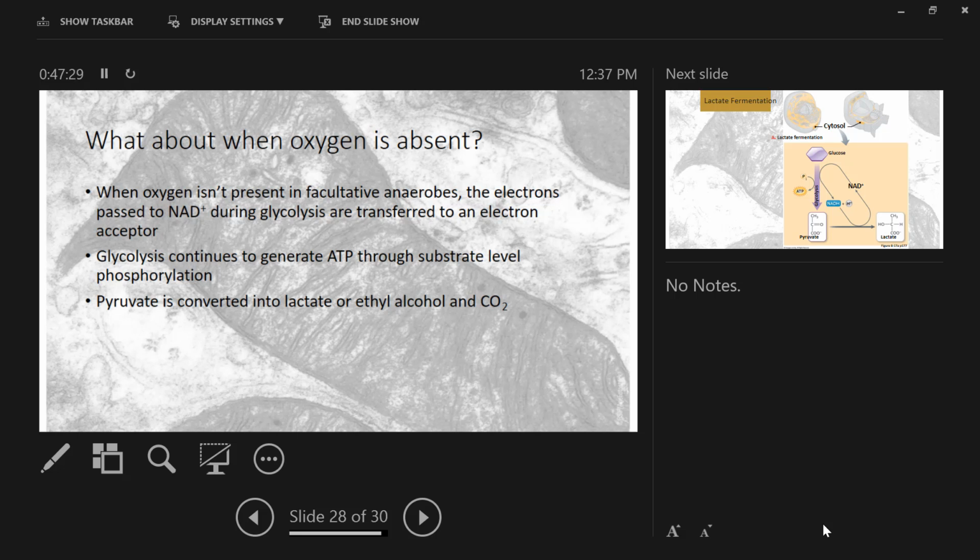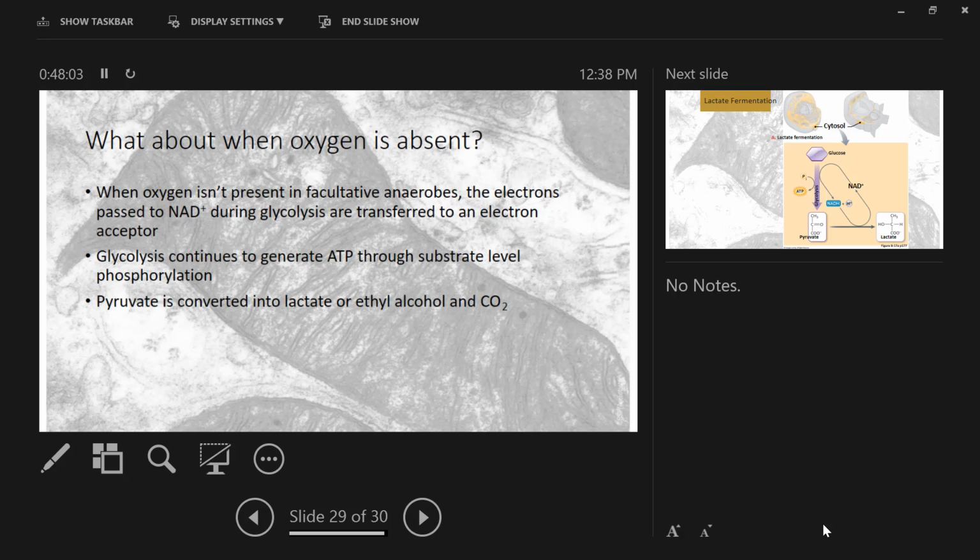But if we fermented ethyl alcohol, as you went on running a marathon, you would become incredibly intoxicated and you would very quickly die of alcohol poisoning. Might make watching a marathon more interesting, but it would make running a marathon very, very complicated. But either way, whether you ferment lactate or you ferment ethyl alcohol, the NADH made during glycolysis gives its electrons to pyruvate.